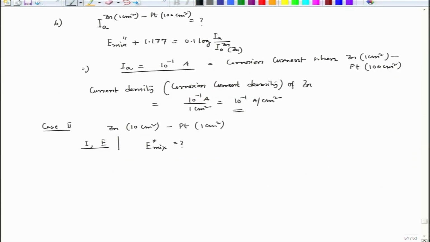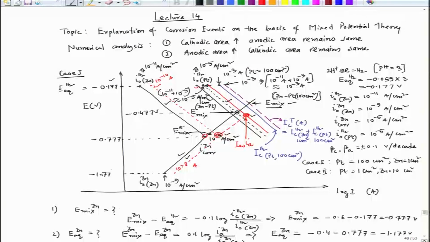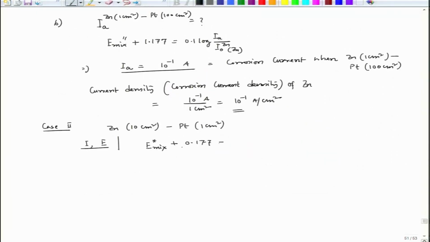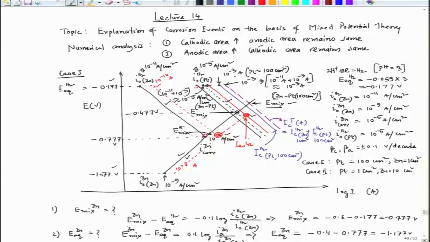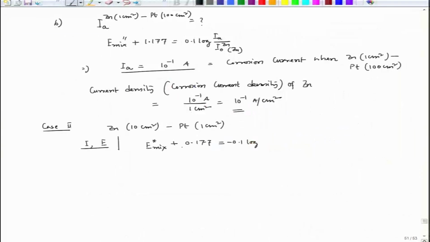So, if I try to find out this, E mix star minus 0.177, because this value will not change, this value will remain fixed, volt, equal to 0.1 if we take this line. So, it will be in terms of area, in terms of current, I C hydrogen over zinc surface, I0 hydrogen over zinc surface.